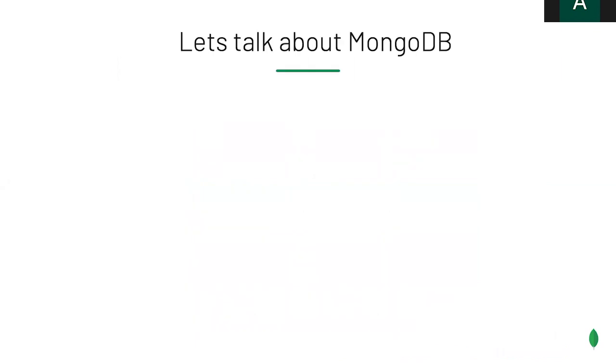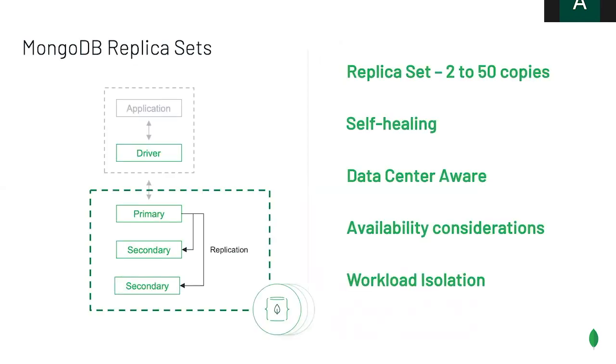So let's quickly talk about MongoDB, as a couple of key concepts will be relevant in this conversation. First of all, our key MongoDB cluster is the replica set. It essentially consists of a number of nodes between 2 and 50, and each node has its own copy of the data. It's our way to provide high availability and reliability of data.